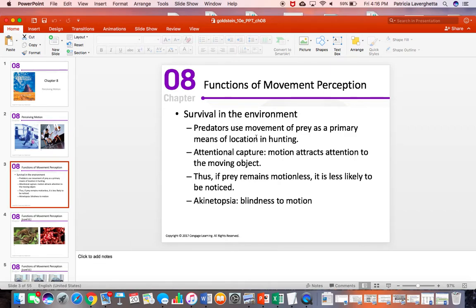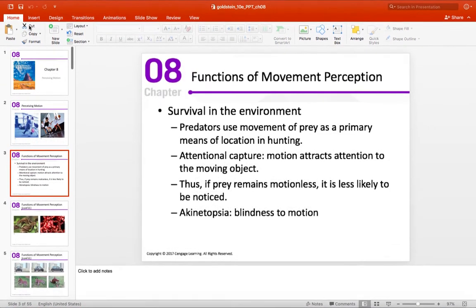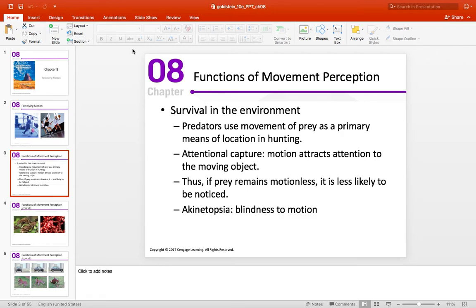You can imagine the wolf chasing the rabbit. The rabbit, when it's being chased by the wolf, has it in its best interest to stay as still as possible. Motion can serve to capture attention, so if the prey remains motionless, it's less likely to be noticed.